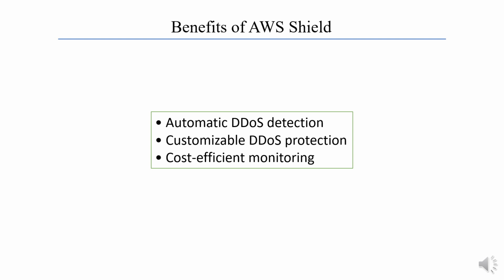You can customize application protection against DDoS risk through integrations with Shield Response Team (SRT) protocol or AWS WAF. Cost-efficient monitoring. You can gain visibility, insights, and cost savings for DDoS events that impact your AWS resources.